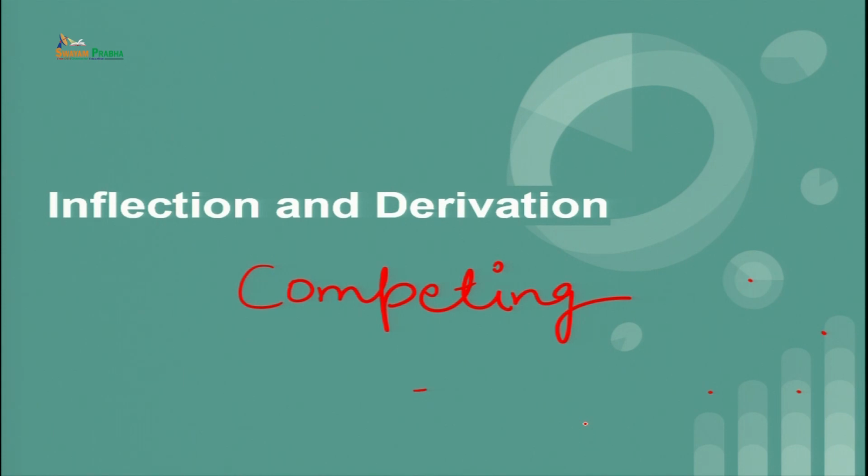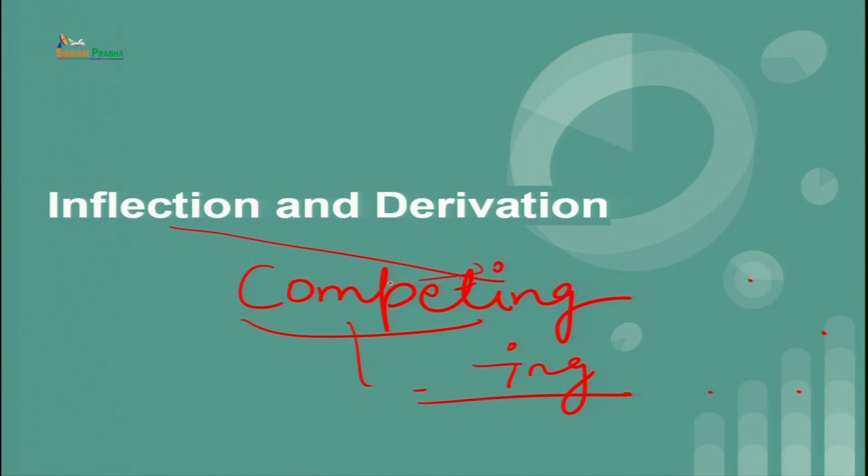So, first thing that will come automatically to you is that compete includes ing. It means it is taking up a grammatical function with it, right, and therefore, it is a process of inflection. But if I say that it is also a part of derivation, then you will be amazed to know that competing can be used as noun and it can be used as verb in the way that it brings change in the word class. How?